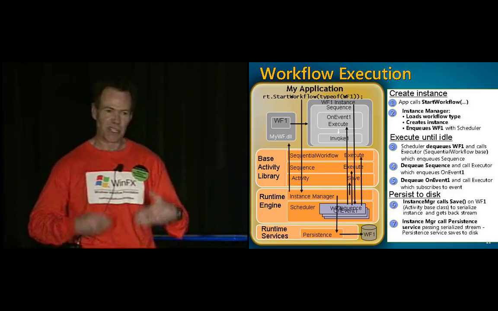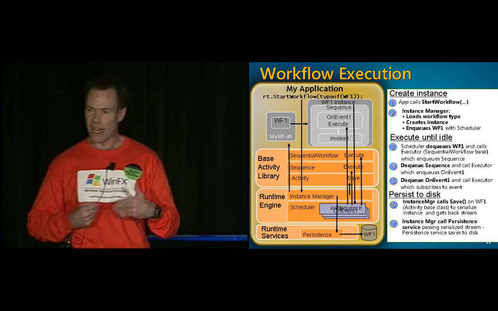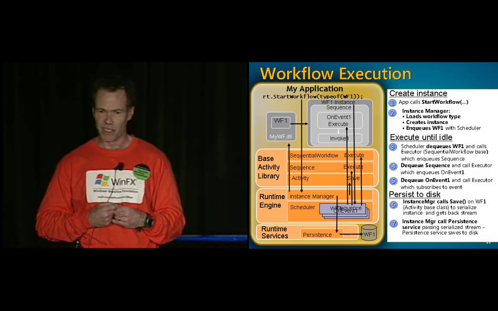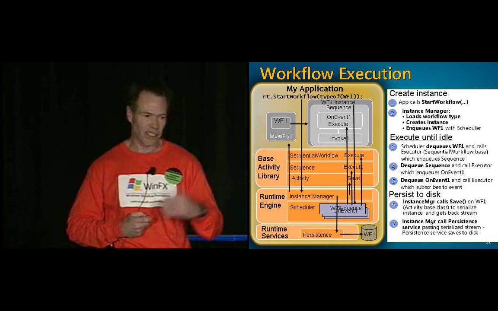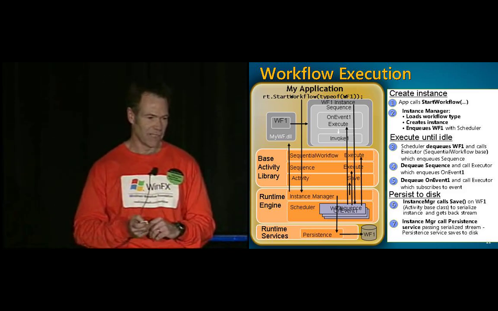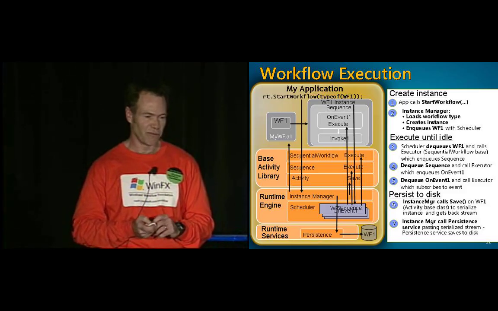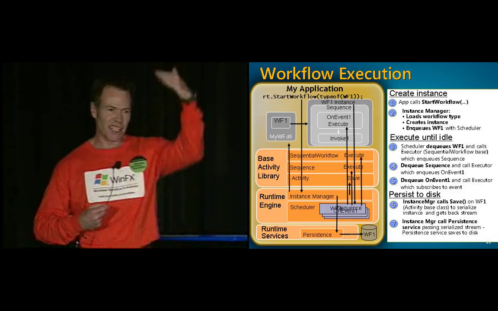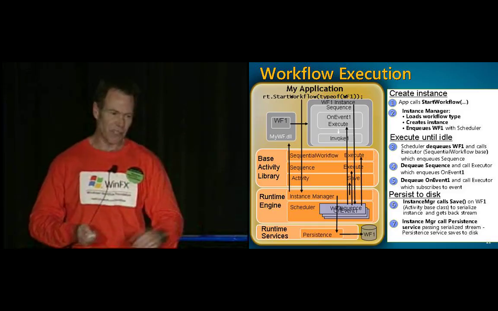But this is actually something we implement for you because my workflow, in this case, inherited from sequential workflow. So we'll end up calling the execute method that's provided for you automatically in the base activity library. And what that method is going to do is enqueue the next activity to execute, which in this case is the sequence. So now we'll have the sequence on the queue.